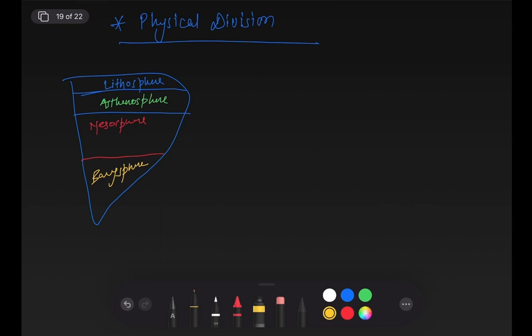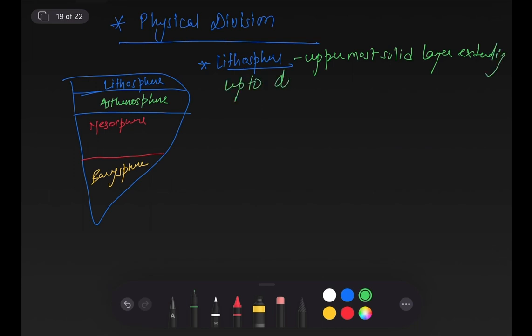So, what is the lithosphere? Lithosphere is the uppermost solid layer extending up to a depth of 100 km.